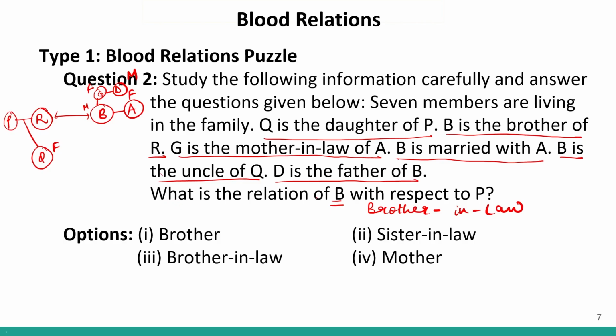If we had to find the relationship of P with respect to B, that would be uncertain because the gender of P and R are unknown. But over here, the gender of B is known. So whether P is female or male does not make a difference. B will always be the brother-in-law. So the answer will be option number 3, brother-in-law.